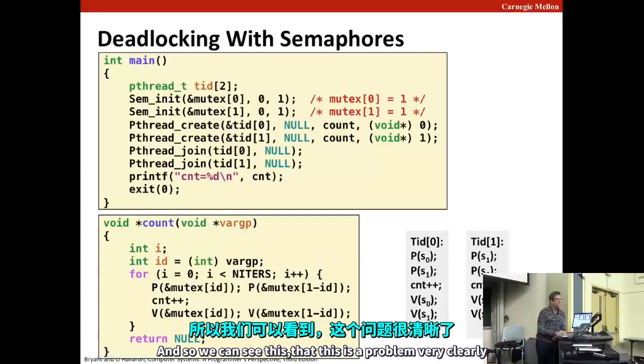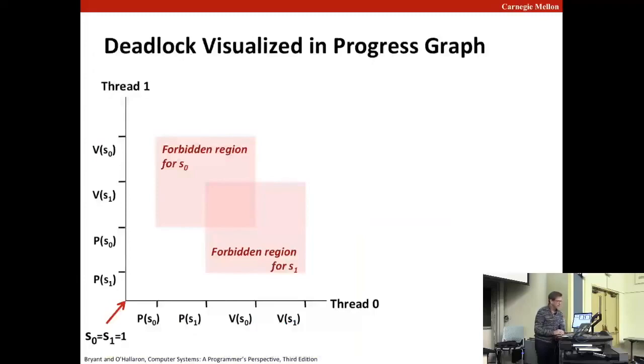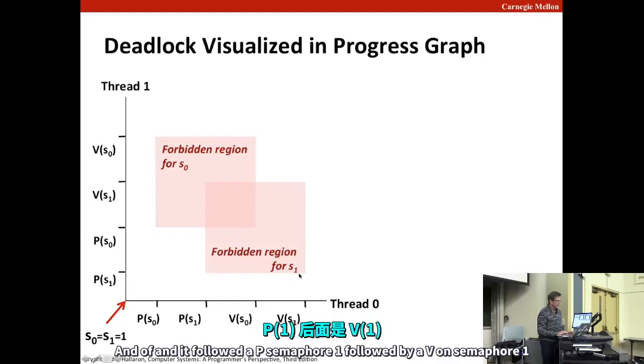And so we can see that this is a problem very clearly if we go back to our progress graphs. So if you look at thread 0, it's doing a P on semaphore 1 followed by a V on semaphore 1.